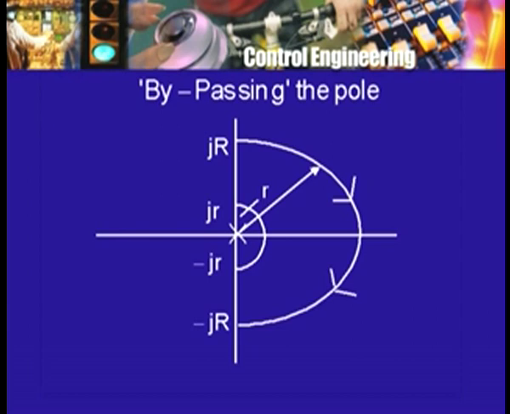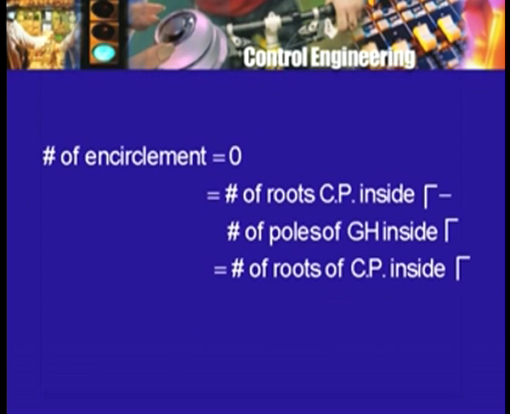So, this is the whole idea of arguing that R, the radius of this semicircle, is to be thought to be very large, and the radius of this small semicircle is to be considered very small. This is because whatever roots we are thinking of, of the rational function, will all be captured inside this contour, if capital R is chosen sufficiently large and little r is chosen sufficiently small.